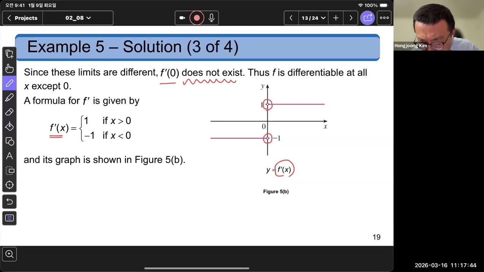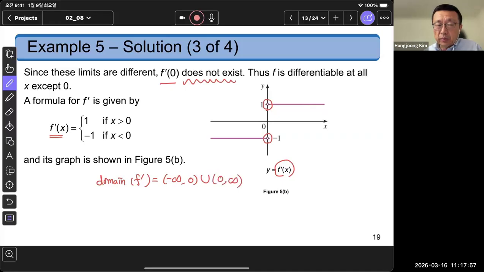So the domain of f prime will be from negative infinity to 0 and 0 to infinity, but this 0 is not included. And please remember, the domain of f, the absolute value function, will be the whole real line from negative infinity to plus infinity.